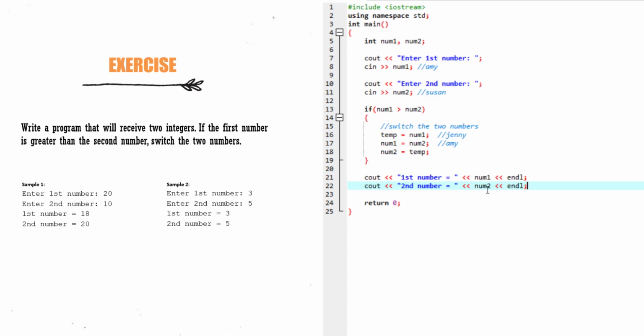Since we use these two variables and also temp, we need to make sure that we declare temp as well. So this represents Jenny, this represents Amy, and this represents Susan. So basically this is how we solve this particular problem.